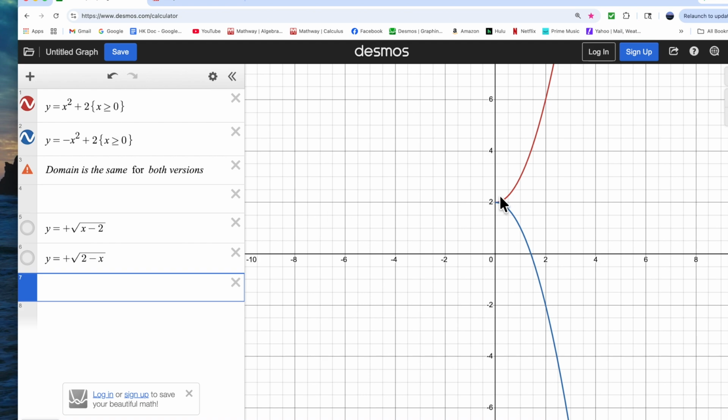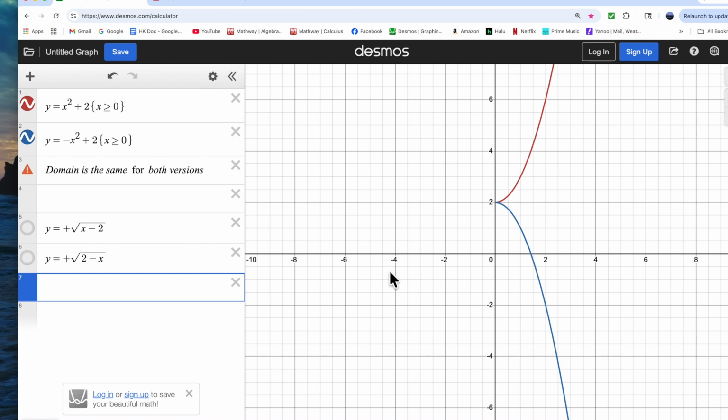The domain of this red function is from x equals 0 to x equals positive infinity. Now, when we put a negative sign in front of the quadratic term, the domain doesn't change.